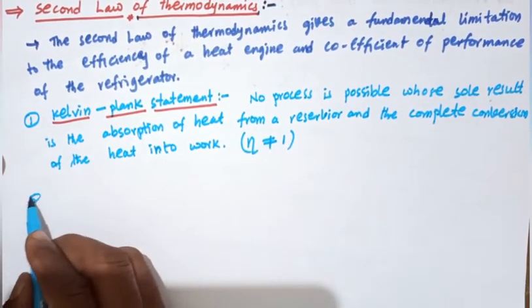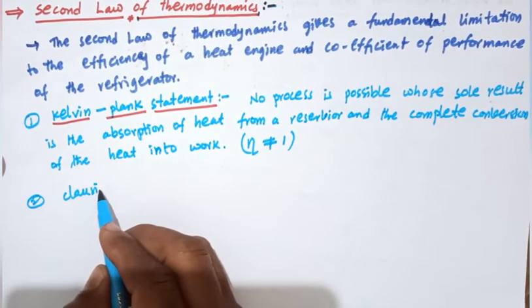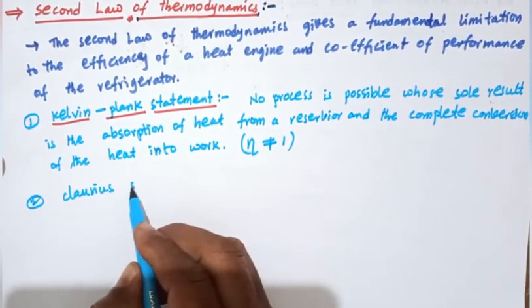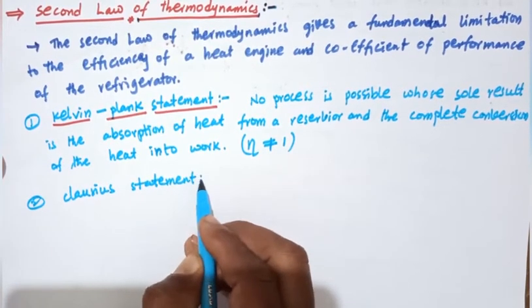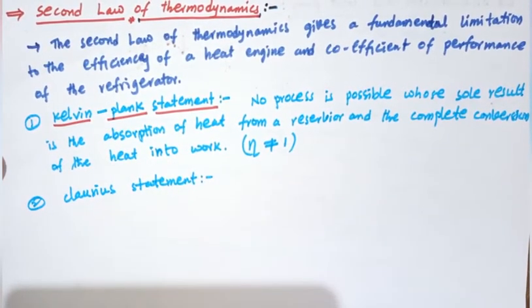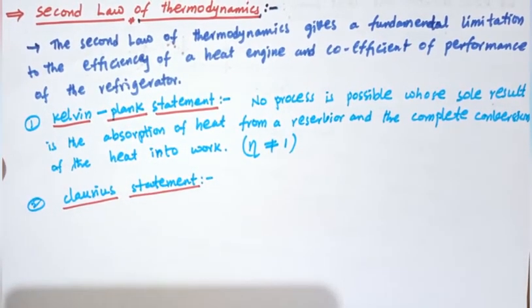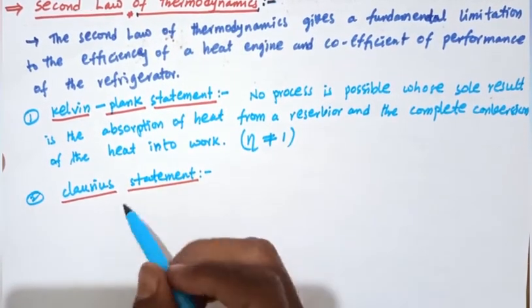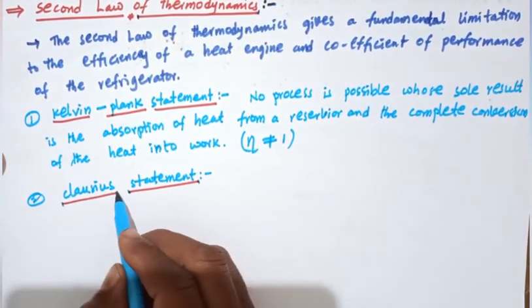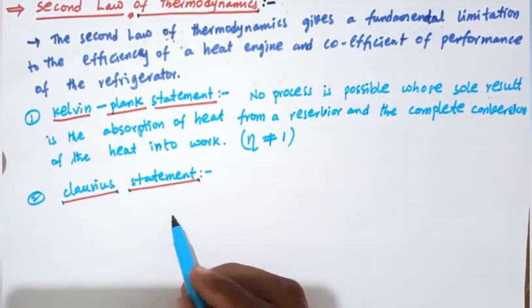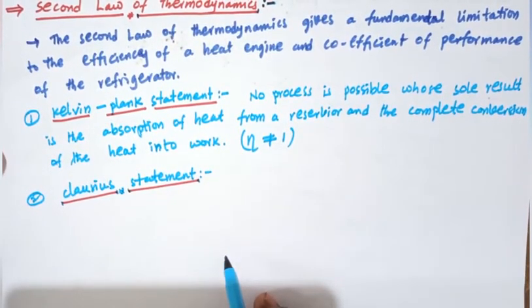And the second statement is the Clausius statement. This Clausius statement explains that heat is transferred from a hot reservoir to a cold reservoir, from high temperature to low temperature. We know that heat is transferred from high temperature to low temperature.